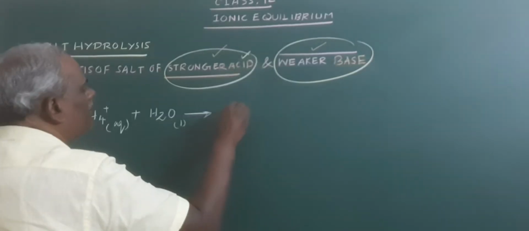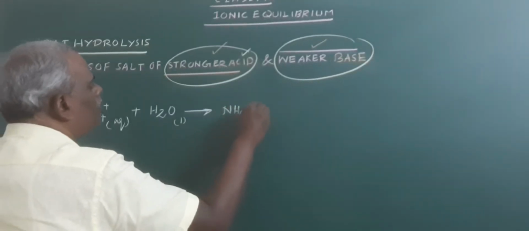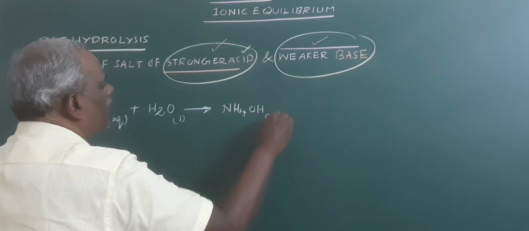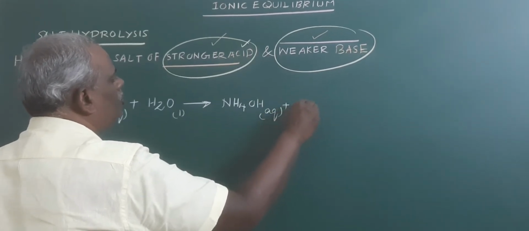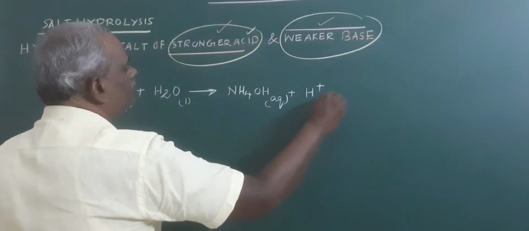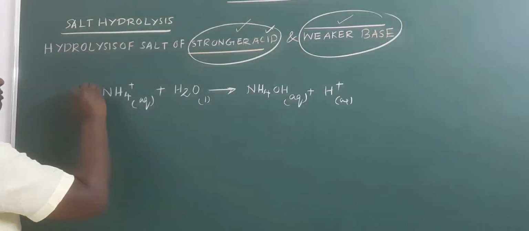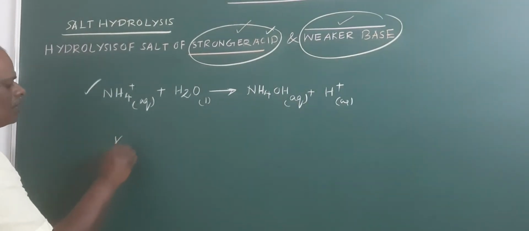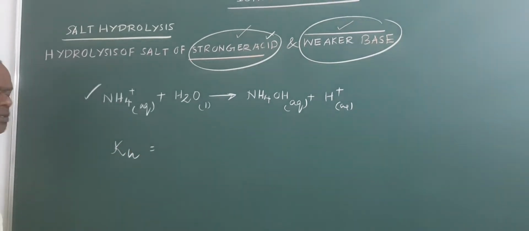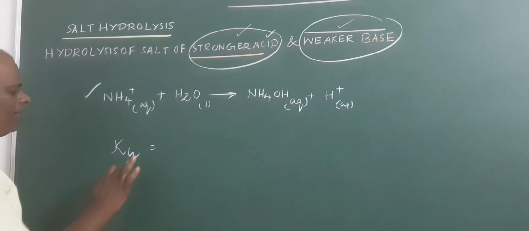What is happening? We can have NH4OH and then H plus ion. So for the above given equation, we can find the hydrolysis constant KH. How do you find the KH value?